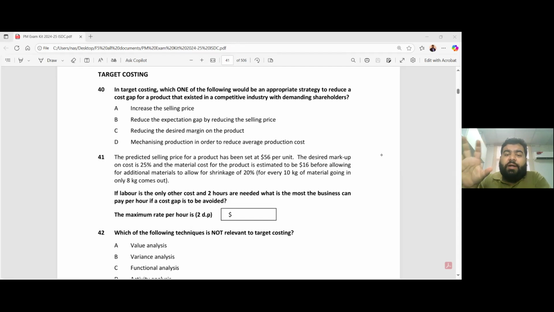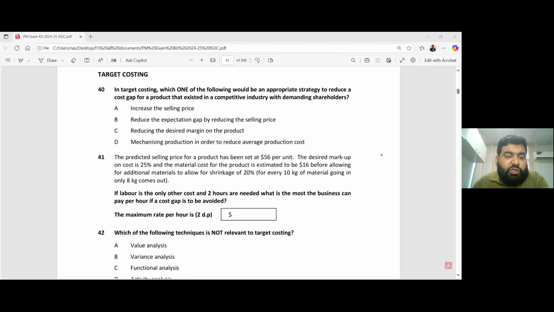Just deduct that desired profit from the target selling price, the market selling price, the competitive selling price, and then calculate the cost that is your target to achieve, like the target cost. And then you have to obviously do the production, incur the cost within that target cost to achieve the proper profit and sell the product at the market selling price, because it's a competitive environment and you can't set the selling price more than the competitor or more than the market selling price.